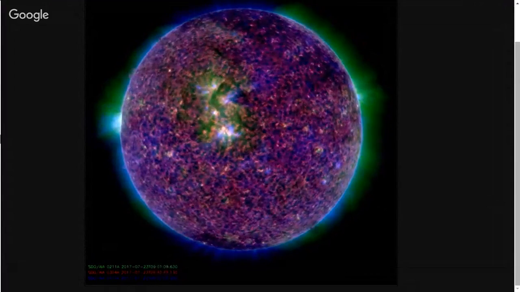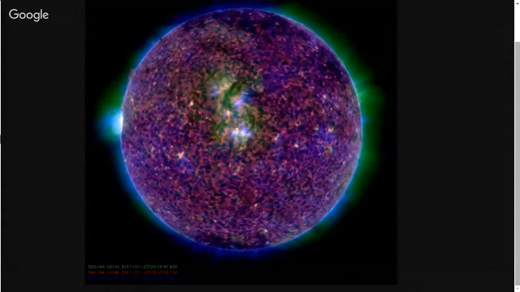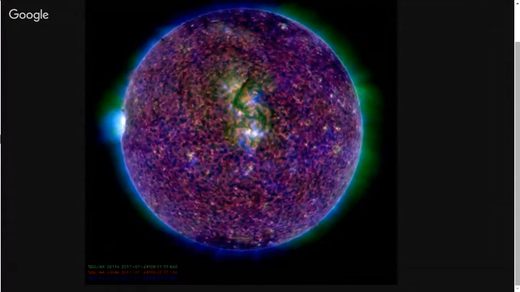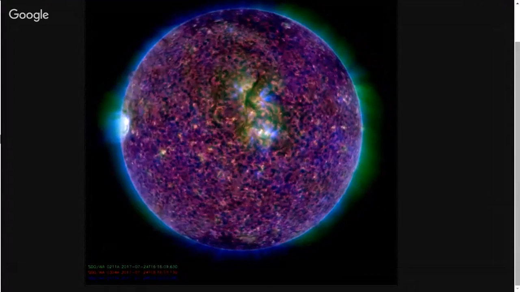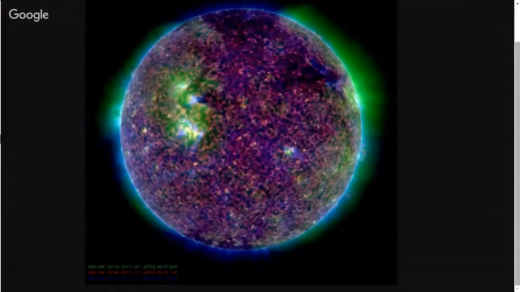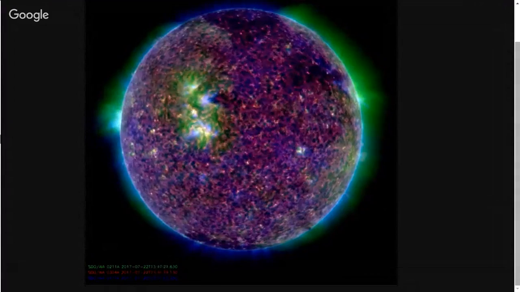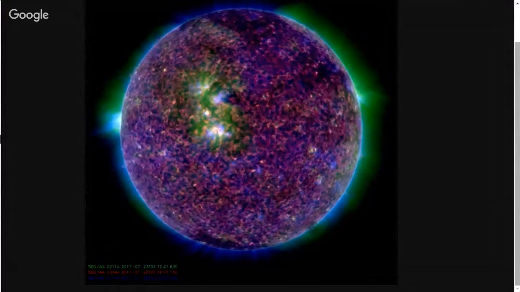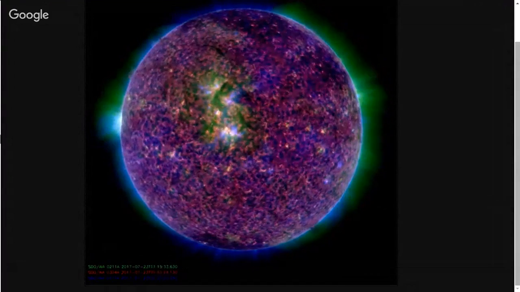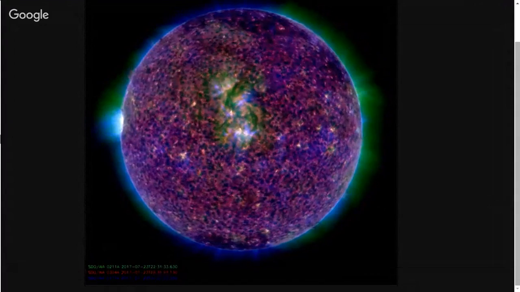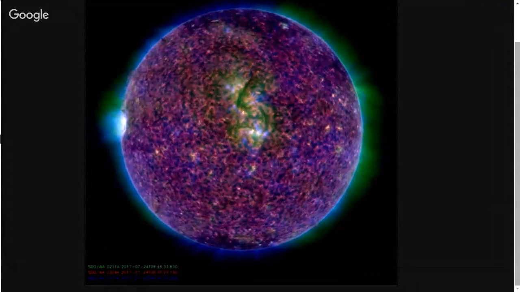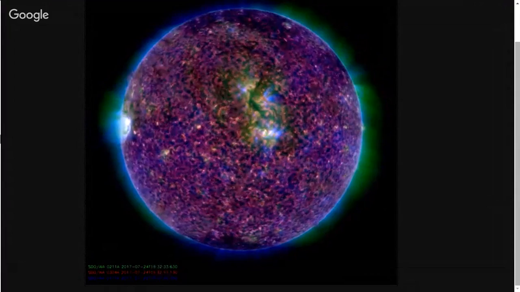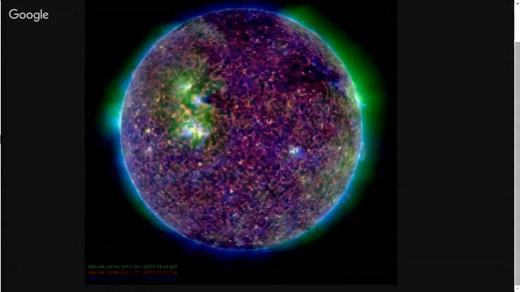I think they're trying different ways of hiding the fact that these objects are in the sun's corona. There's no doubt about it. Or to give them some time to make adjustments to the video and possibly get rid of whatever's there, because we've made a lot of discoveries with the SDO.